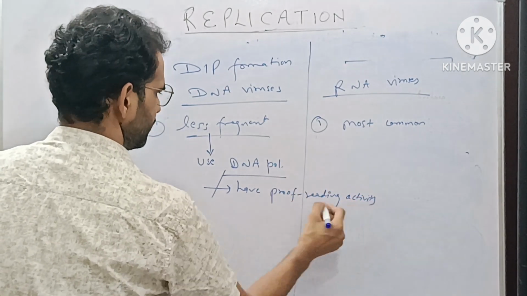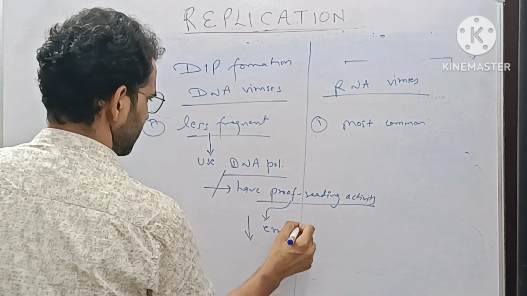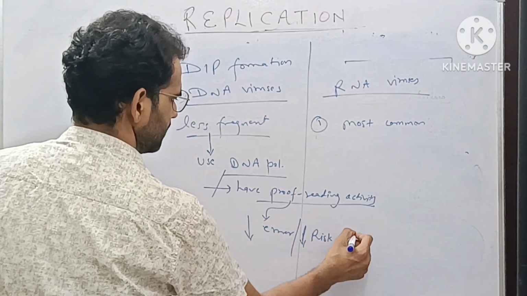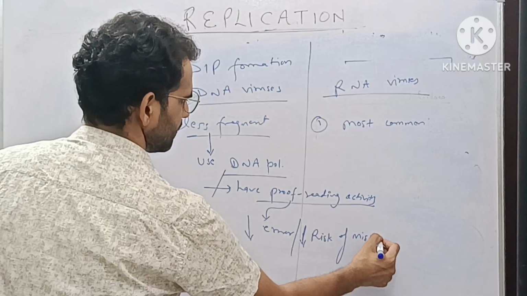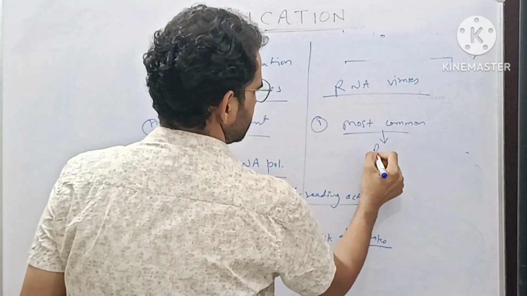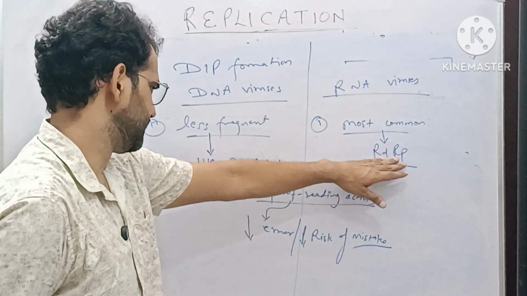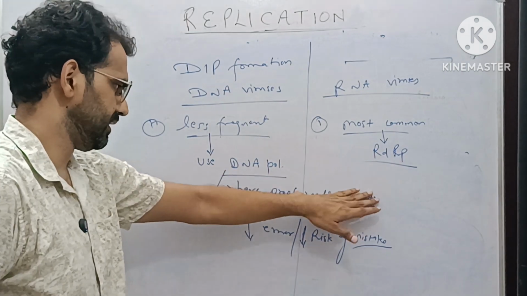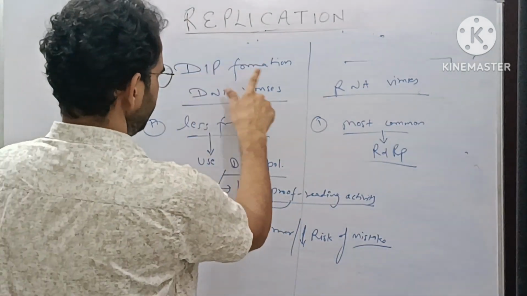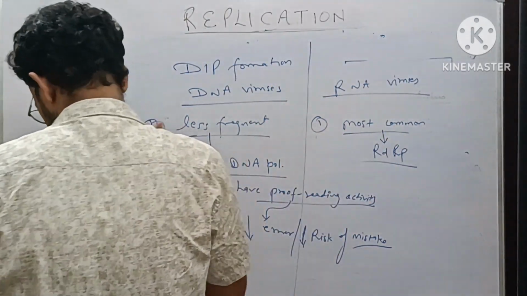Because of this proofreading, there are fewer errors or less risk of mistakes. RNA viruses are most common because they use the enzyme RDRP, which lacks proofreading and is more prone to errors. So DIP formation is most common in RNA viruses for this reason.